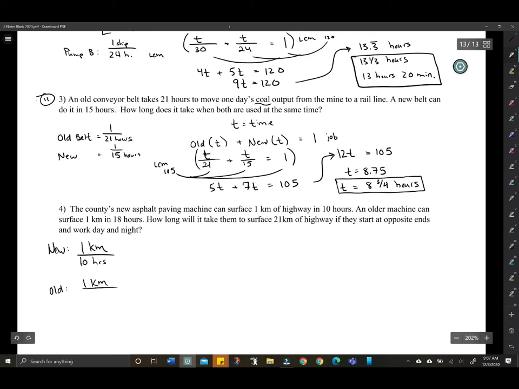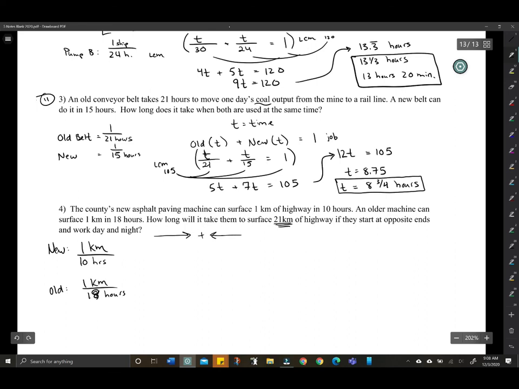Okay. How long will it take them to surface 21 kilometers of highway if they start at opposite ends and work day and night? Okay, don't let that confuse you. That just basically means one is going in this direction, the other one's going this direction. So we're still going to be adding their work together. Now we have 21 kilometers of highway to complete.